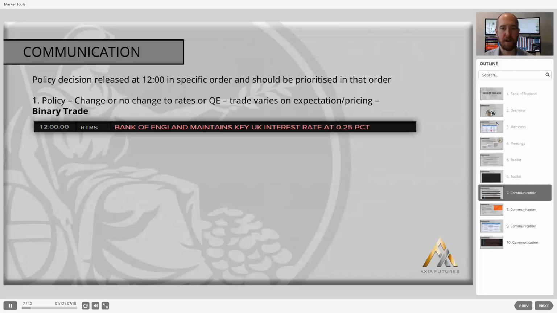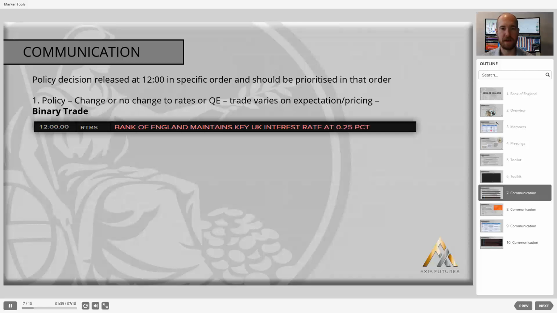Now, the binary element comes in the fact that you don't usually get a situation where the decision could be a hike, an unchanged, or a cut. So you're either going to have a binary trade whereby it's unchanged or hike, or a binary trade where it's unchanged or cut.